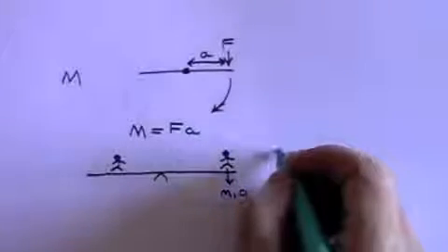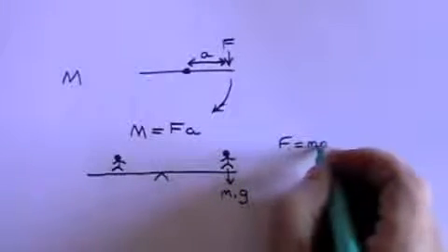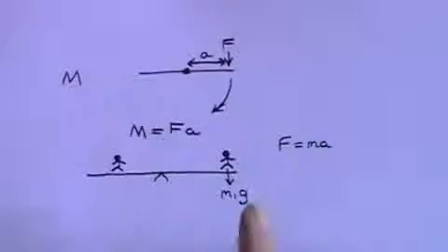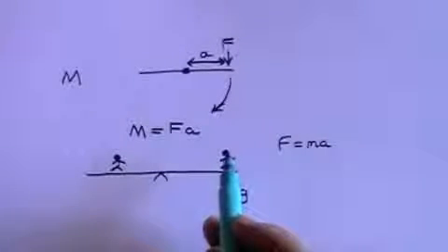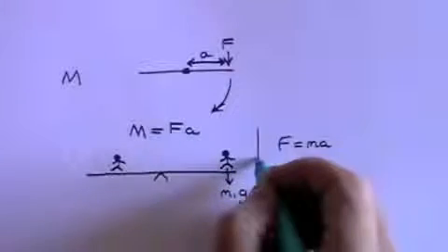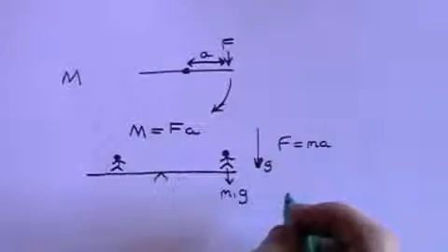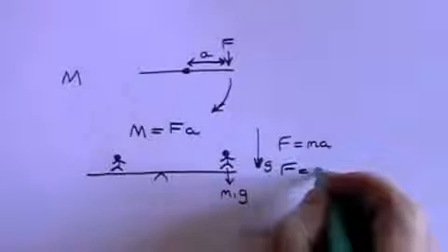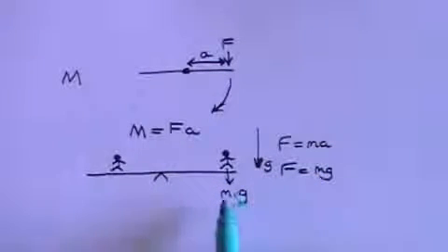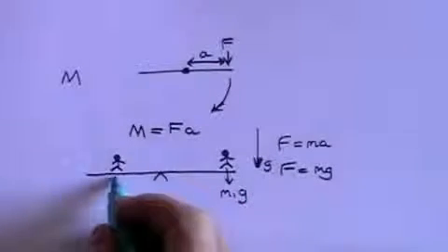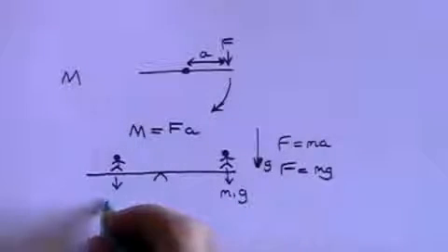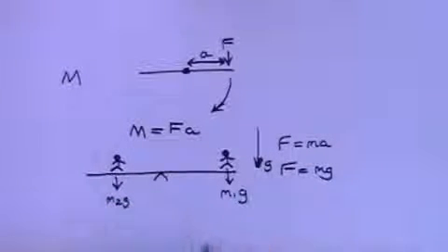The way you find forces, remember, force is mass times acceleration. The acceleration in respect of a person on a seesaw is simply the acceleration due to Earth's gravity, which is g. So the force is mg. So for a person of mass m1, the force is m1g. For a person of mass m2, the force is m2g.